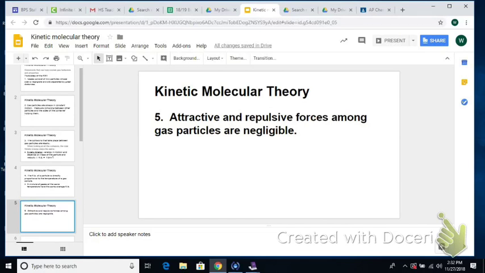If we have 2 molecules slide past one another in a gas, there will be no forces of attraction or repulsion between those particles. That's what an ideal gas will have. It has no attractive forces between them.